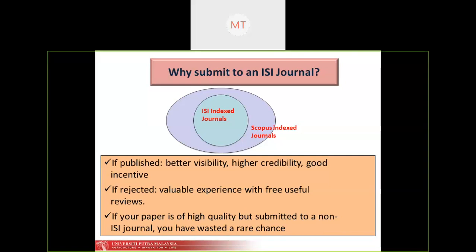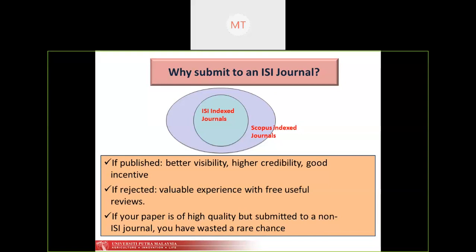These are the journals categorized under ISI journals, where if you publish your work in them, you will get better visibility. You will get higher credibility, and you will have a good incentive.